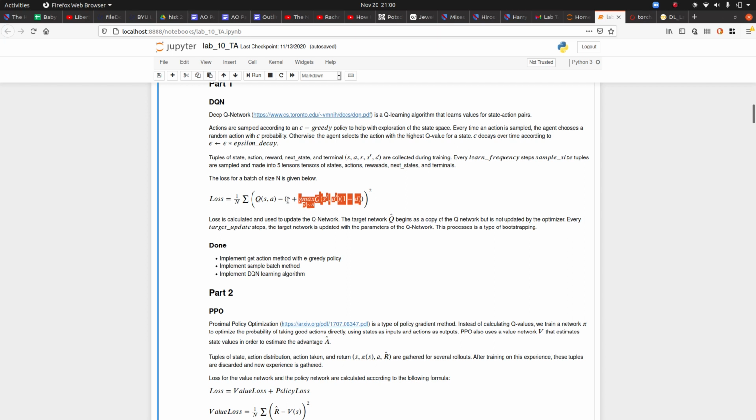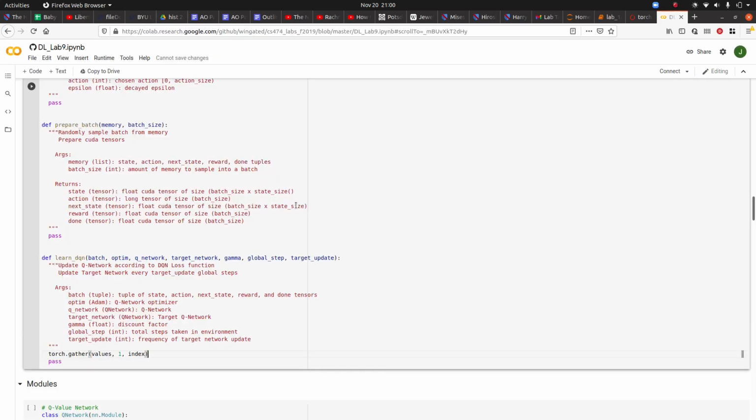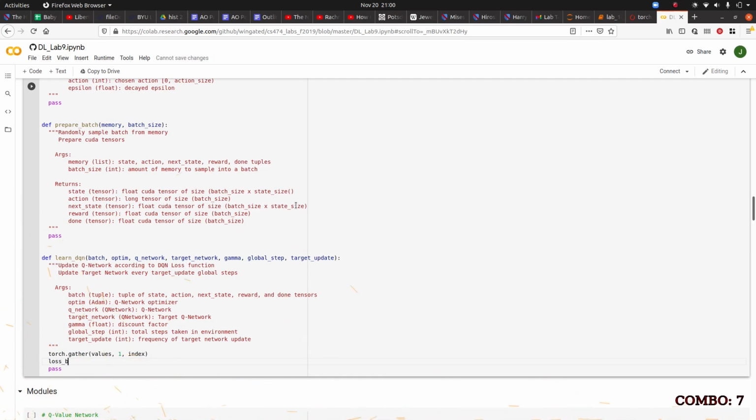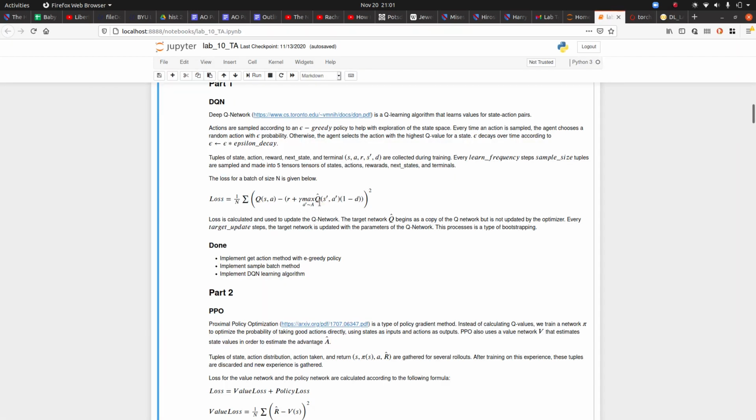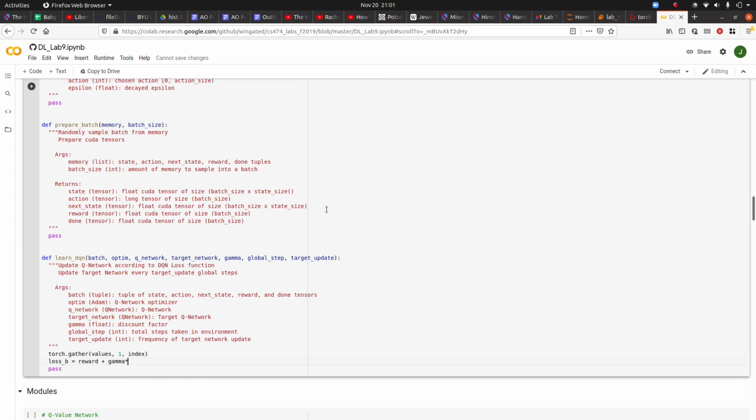So loss B is going to be equal to, let's write this down. Loss B is going to be equal to the reward plus gamma times the max of Q hat. So torch.max of Q hat. Q hat you will get from the target network.